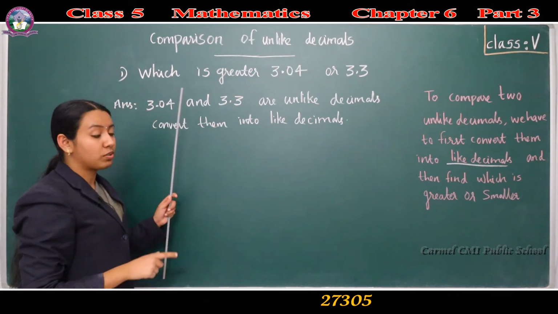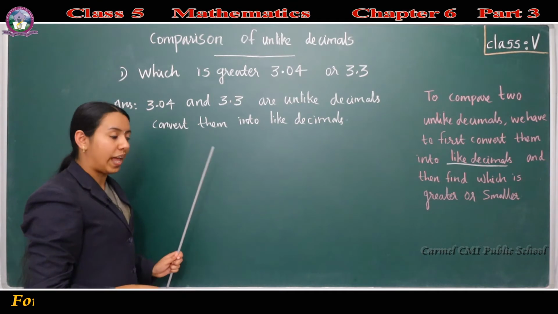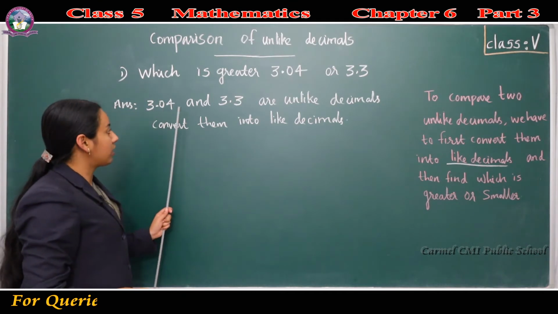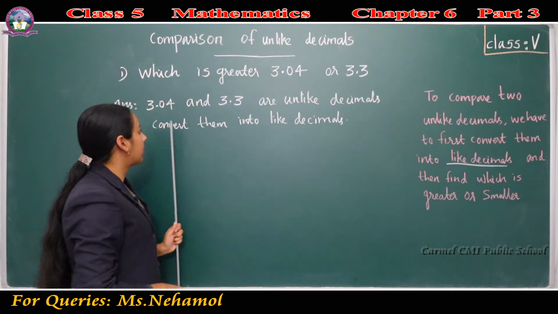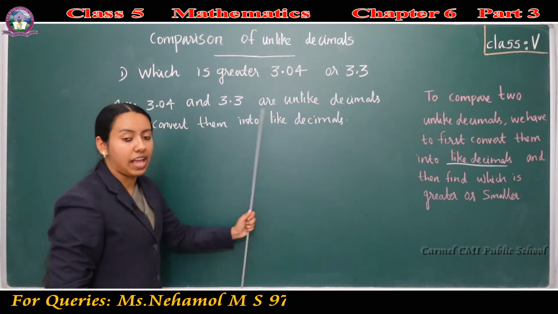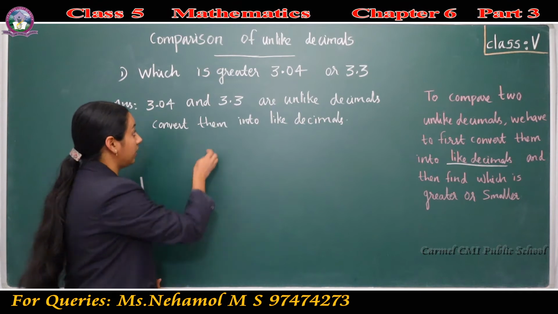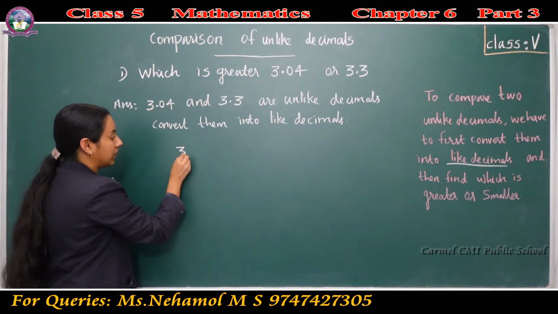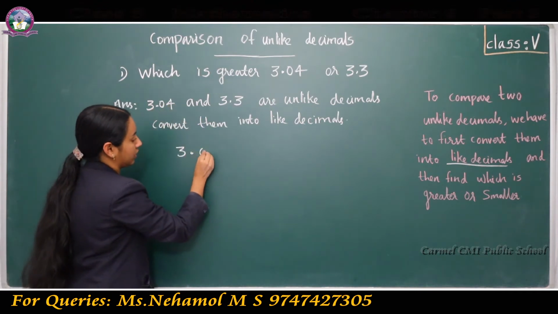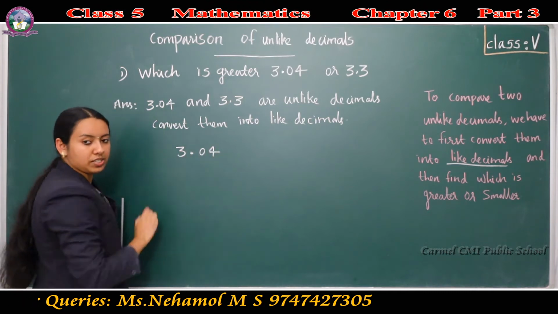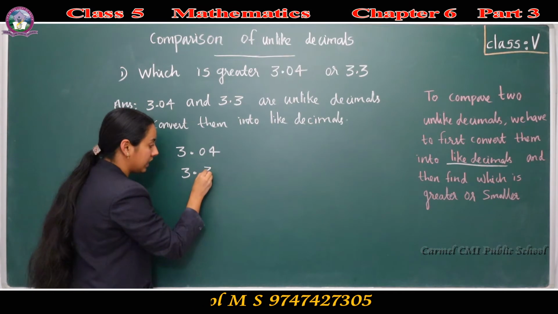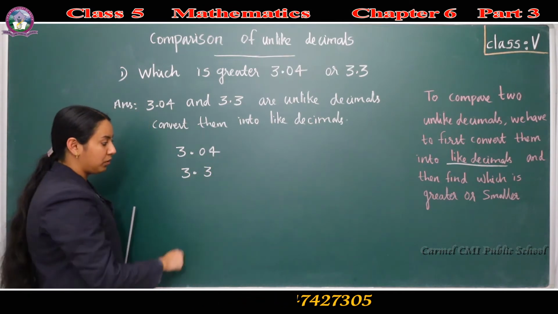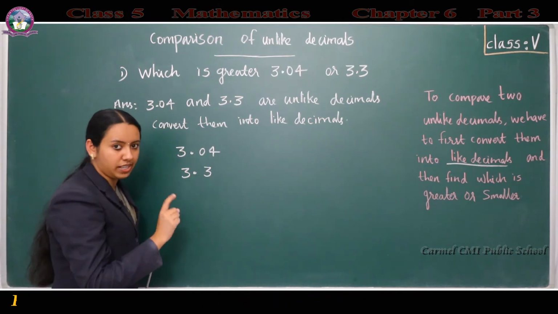We have to convert them into like decimals. How can we convert it? First number is 3.04. 2 decimal places are there. Second number 3.3. Only one decimal place.